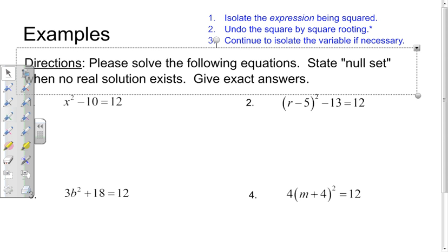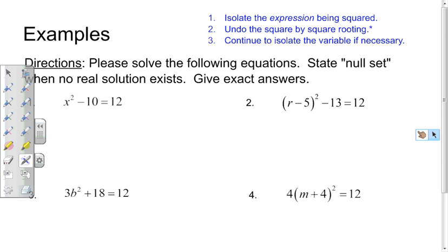Okay, and I'll do them. And again, the steps are written up here. Isolate the expression being squared. Undo the squaring by square rooting. And again, don't forget the plus minus when you do it. And continue to isolate the variable if necessary.